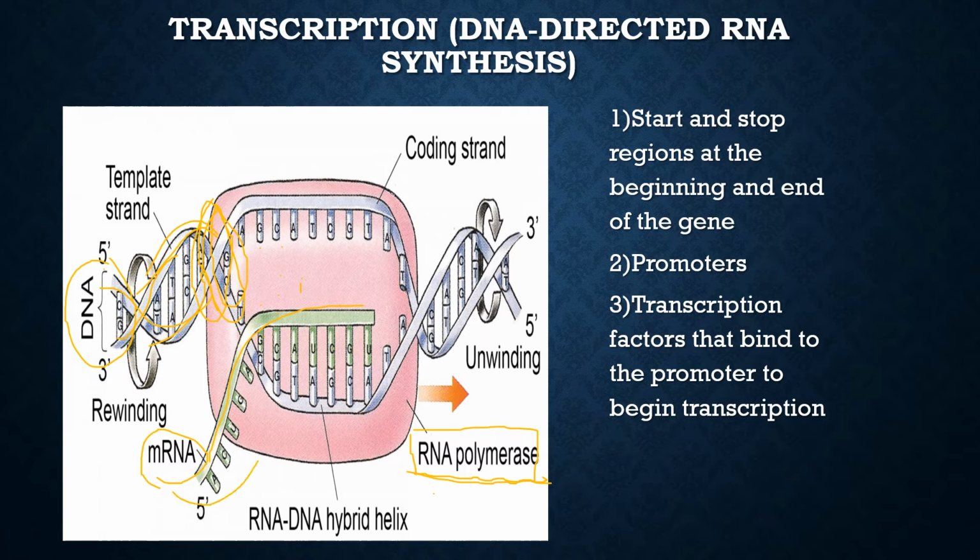And so here then we'll get complementary base pairing. Now again, one difference though is that RNA does not have thymine, rather it has uracil. So A now is going to bind with U, okay, for RNA, for that complementary base pairing.